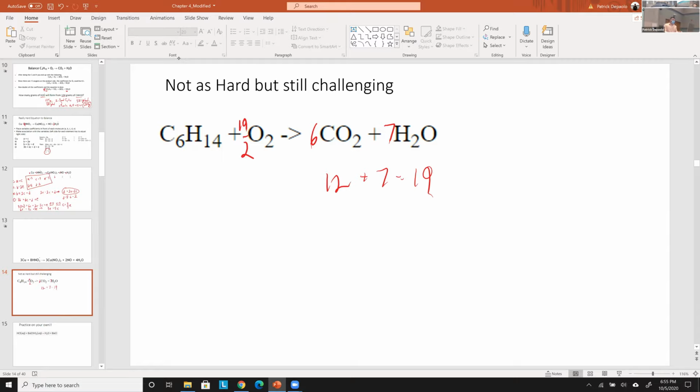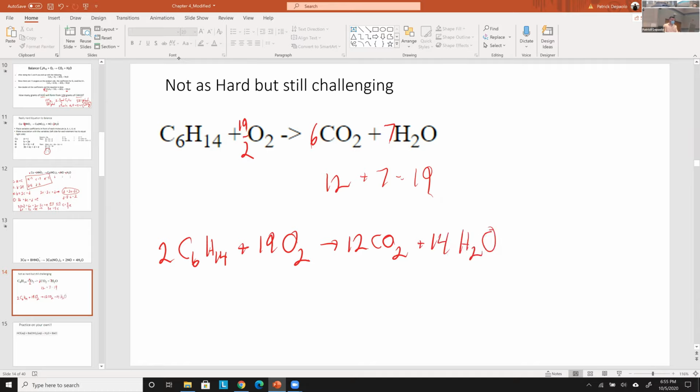So if we put 19 over 2 there, and multiply the entire equation by 2, what do you end up with? You end up with 2C6H14, which is hexane, by the way, plus 19O2 yields 12CO2 plus 14H2O, like so.